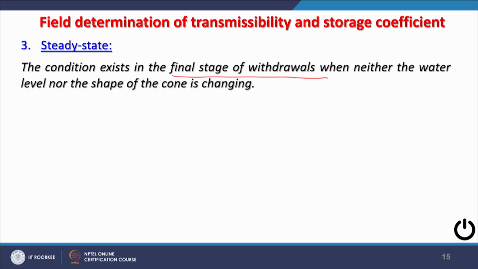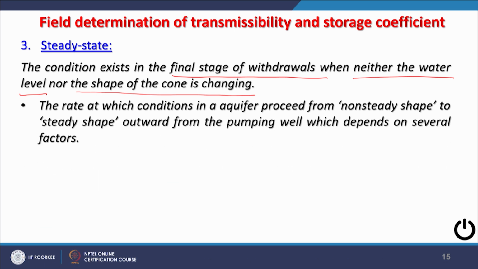We may call that condition the final stage, and there the water level will not drop in the well, nor will there be any change in the cone of depression. So, that is a steady state in both cases, in the water level as well as in the shape of the cone of depression.